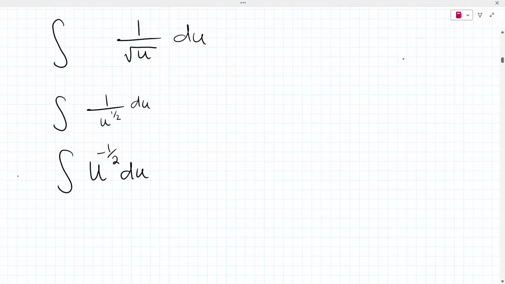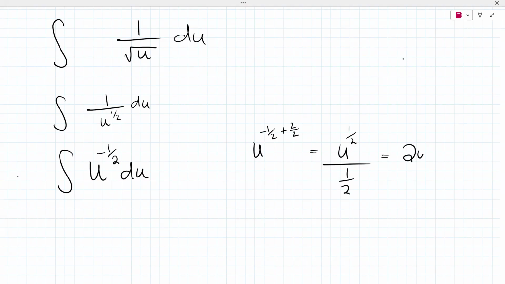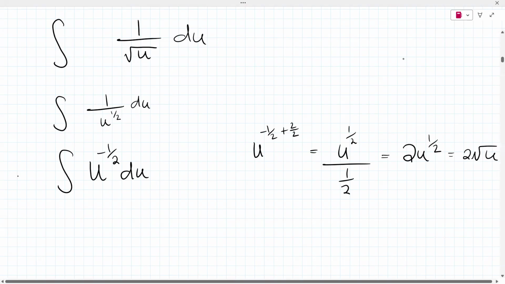Now go ahead and take the integration of this. What's the integration of u to the negative 1/2? It's going to be u to the power negative 1/2 plus 1, which is u to the 1/2, and then divided by 1/2. Complex fraction, and if you simplify this, you get 2u to the 1/2, which is really the same thing as 2 square root of u, right?